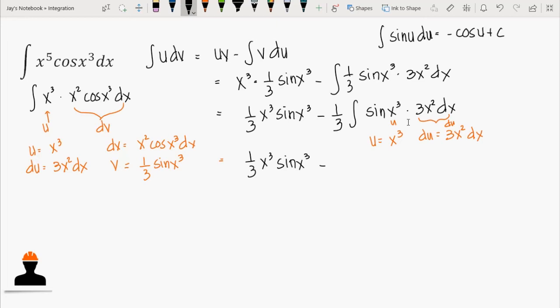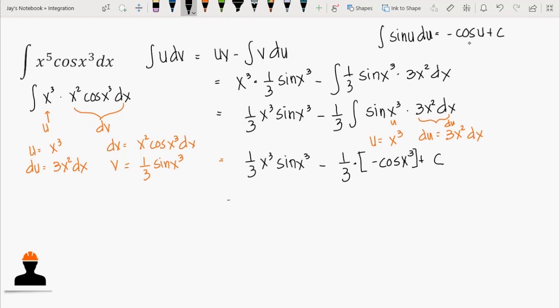we have 1/3 times the integration of sine x cubed 3x squared dx, that is, we have completely satisfied the sine u du rule here. So we directly use this negative cosine u plus c, that is negative cosine of our u. Our u here is x cubed, plus c.